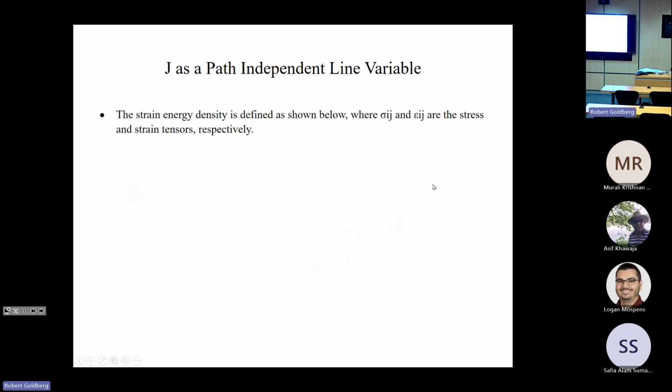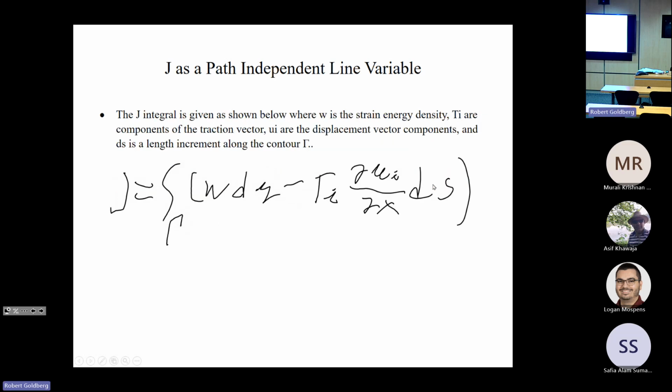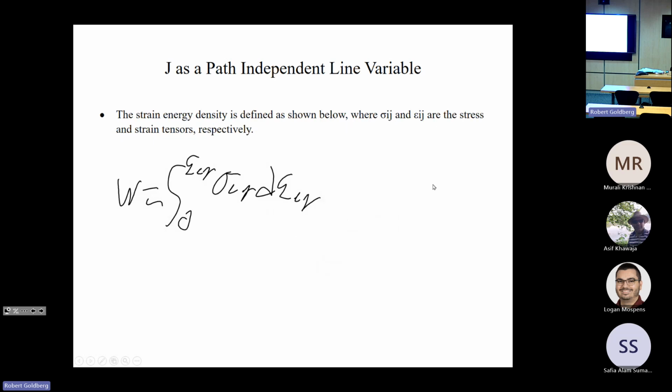We can define our strain energy density as equal to the integral from 0 to our applied strain of our stress multiplied by the increment in strain, where sigma is the stress and epsilon is the strain, the classic definition for the strain energy density. For our traction, we take some point on our contour and define a traction vector at whatever point along the contour.